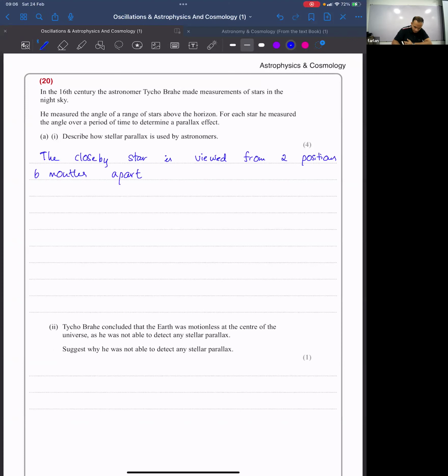Full stop. The change in angular measurements with respect to the fixed background stars is recorded. Full stop.